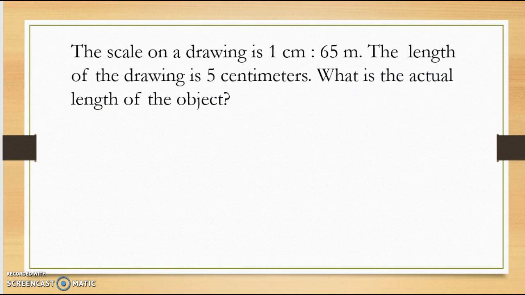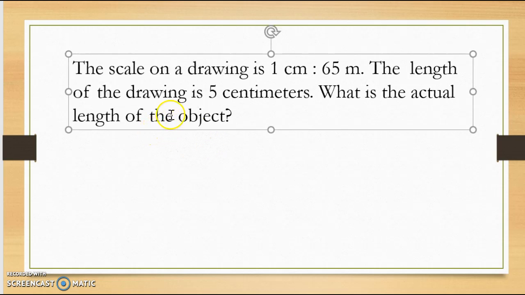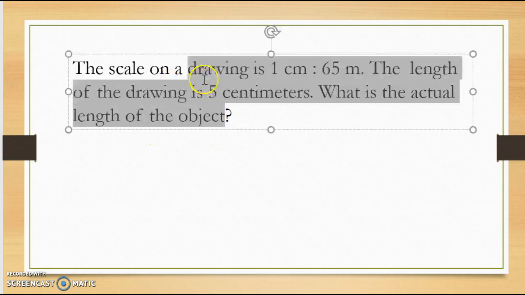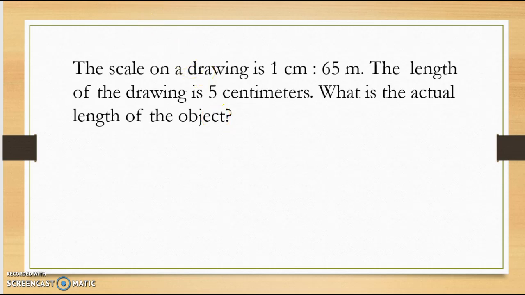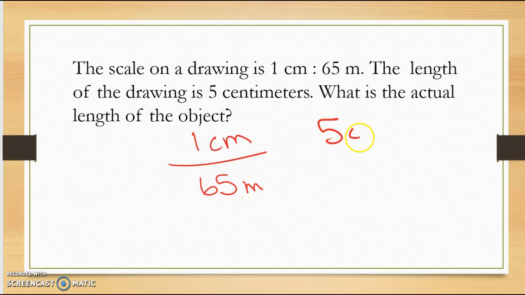Our next one says the scale drawing is 1 centimeter to 65 meters. The length of a drawing is 5 centimeters. What is the actual length of the object? So we have 1 centimeter to 65 meters. The length of the drawing is 5 centimeters. What is the actual length of the object?